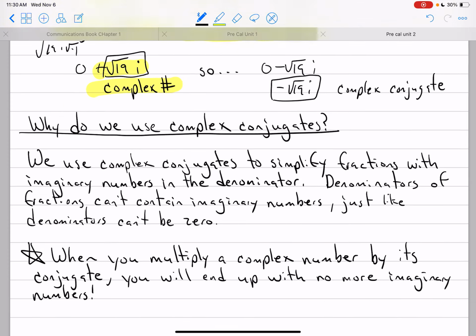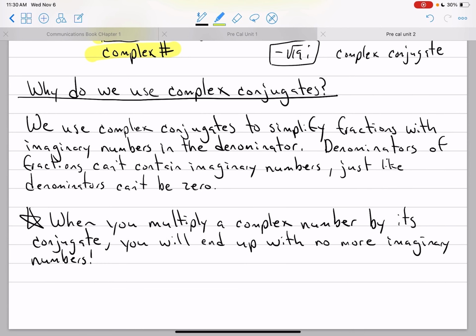All right. So why do we use complex conjugates? We use complex conjugates to simplify fractions with imaginary numbers in the denominator. That's called rationalizing the denominator. Denominators of fractions can't contain imaginary numbers, just like denominators can't be 0.